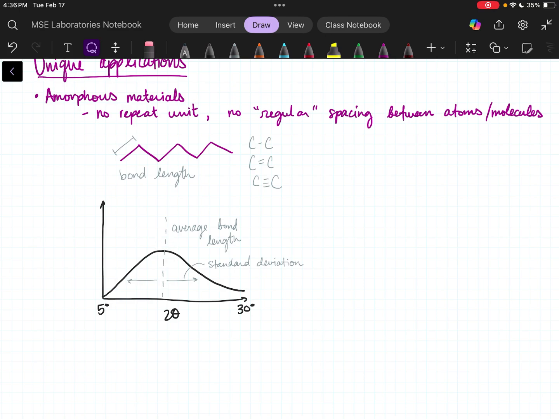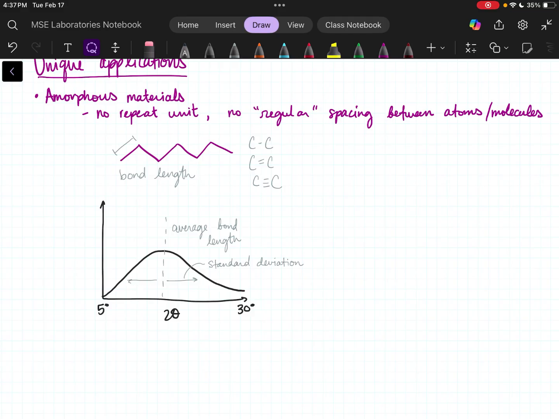Of course, that's only going to work if I have a simple enough material that I have a list of 3 to look at instead of a list of maybe 10 or 20 or 30. But by having this idea of average bond length, I can also maybe guess about cross-linking, because cross-linking brings molecules closer together. So I would have a smaller D spacing, which would be moved up here.